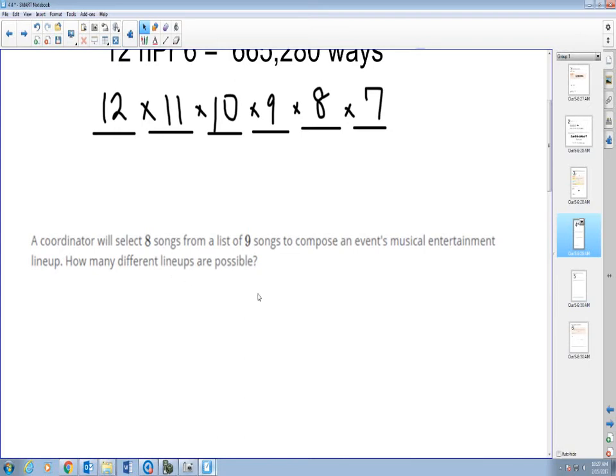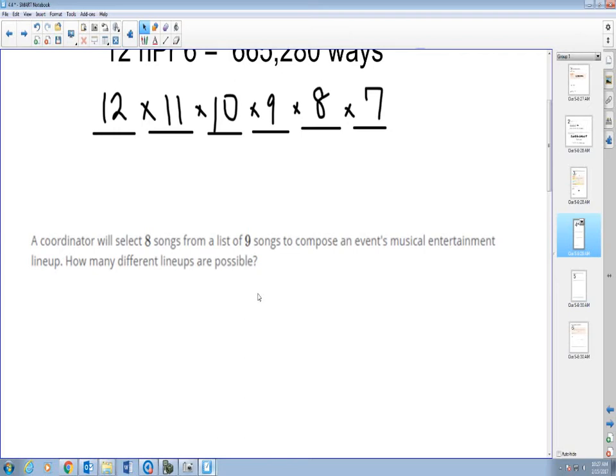Does the order, which one I play first, second, third, matter? If it does not matter, then it's combination. If it does matter, it will be permutation. Which one do you think? Does the order of which song I play first matter?